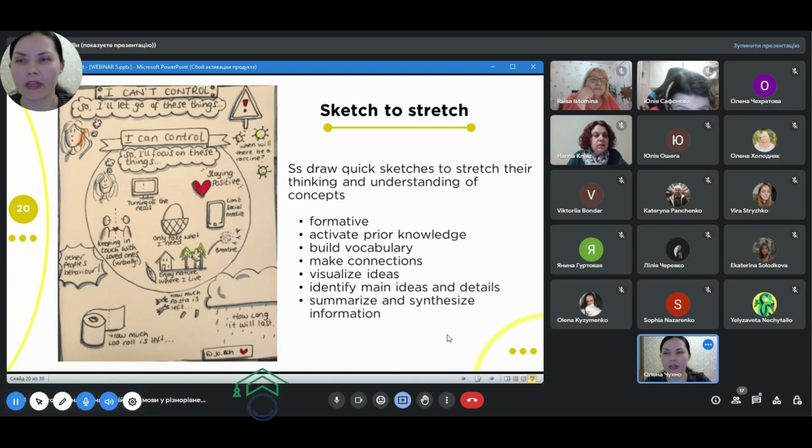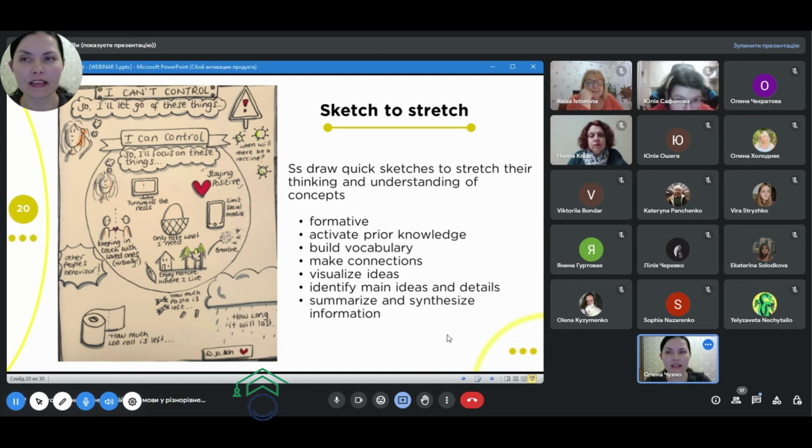Look at the example here. The student must have read a text about how to control emotions or how to deal with stress. And you can see that the ideas are put into 2 groups. So what I can't control, with some examples like other people's behavior, or when will there be a vaccine, how much is left, so something that you can't control.